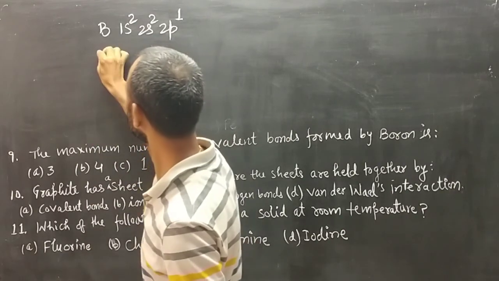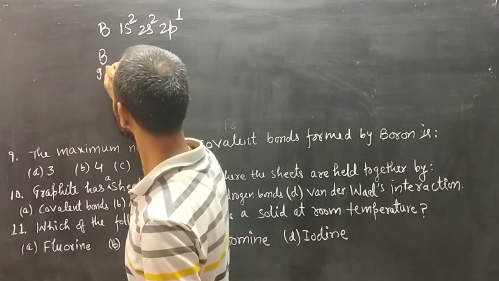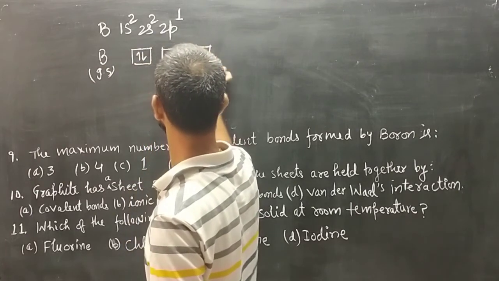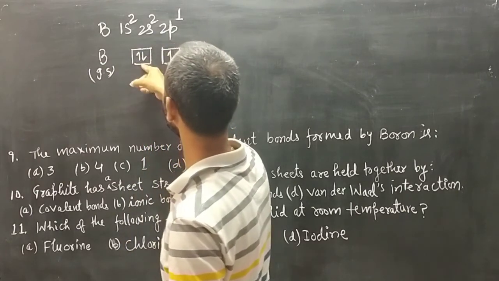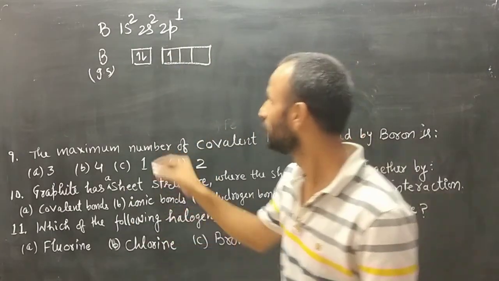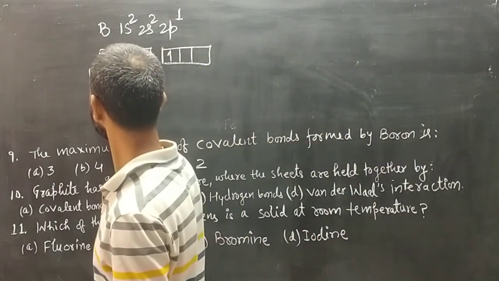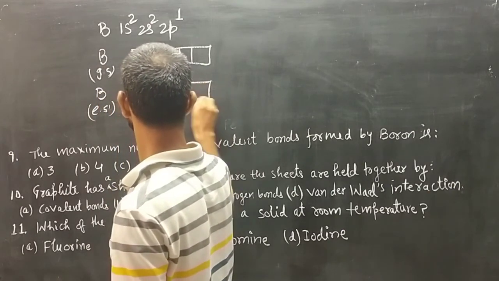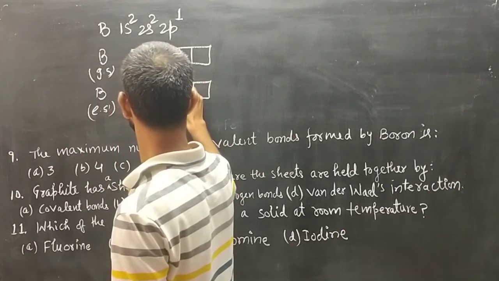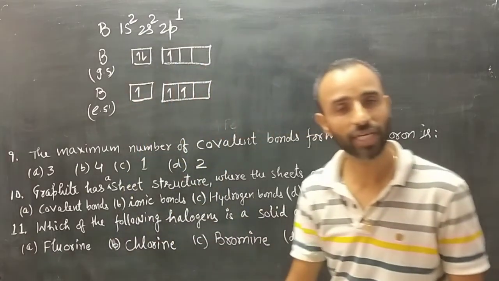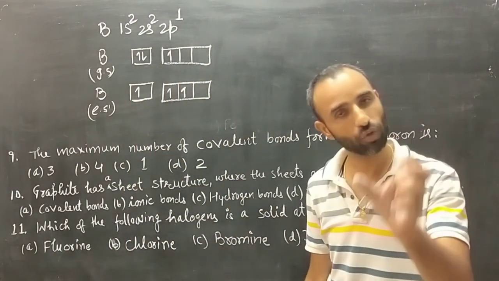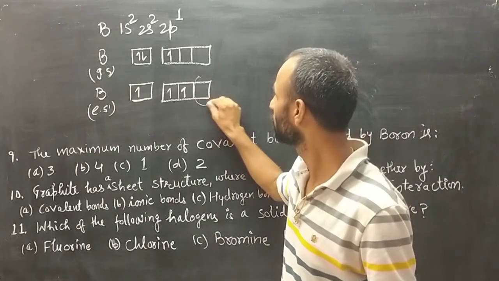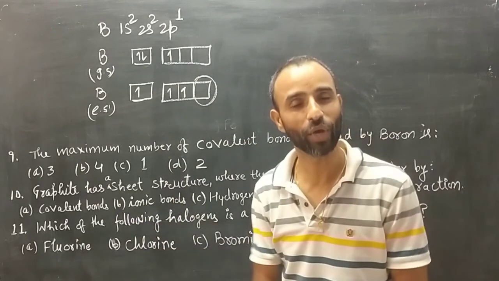If we write its ground state, it is like this: 2s2, 2p1. In the excited state there are 3 unpaired electrons, so it can form 3 covalent bonds, but keep in mind one orbital is vacant.